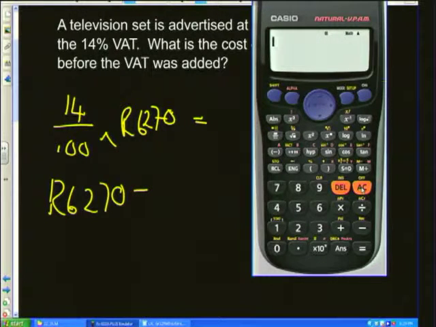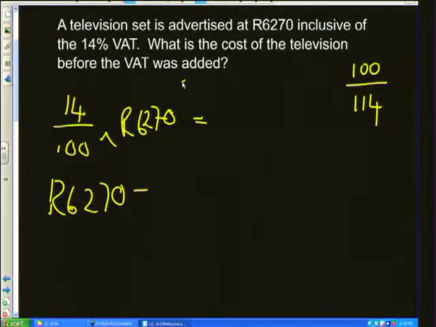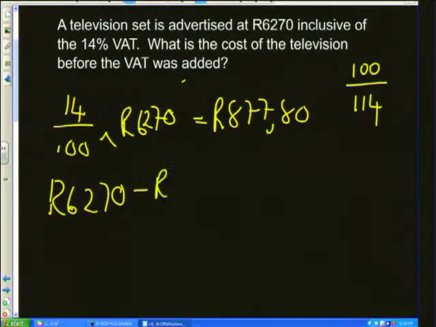They said, right, we've got 14% of 6270, okay, equals, and they get an amount of 877 Rand 80 cents. Then they say, well, let's just subtract it, because then we will know how much that TV cost before the VAT.